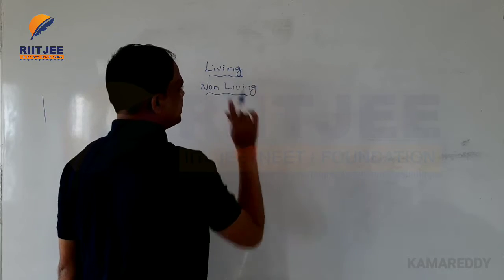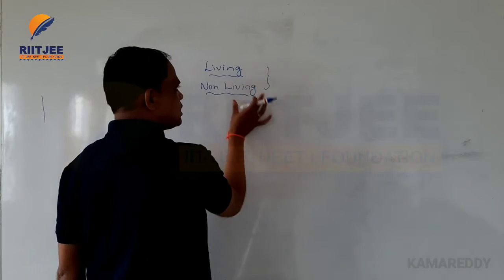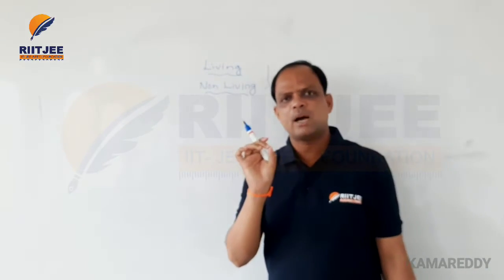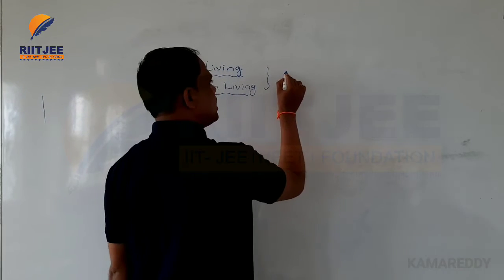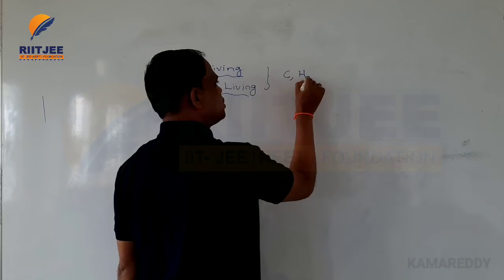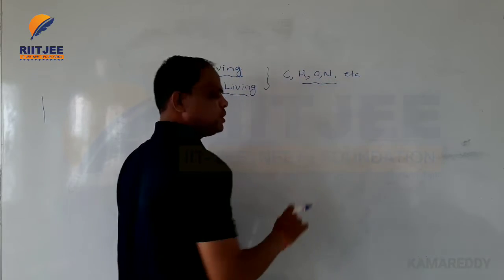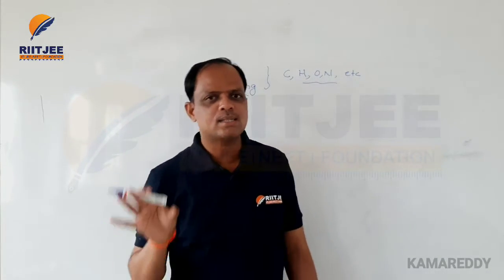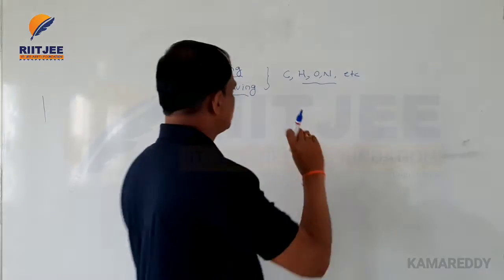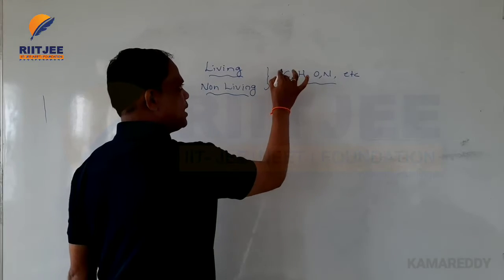The main concept is that living and non-living organisms are both made up of simple micro elements like carbon, hydrogen, oxygen, nitrogen, etc. This is very important.